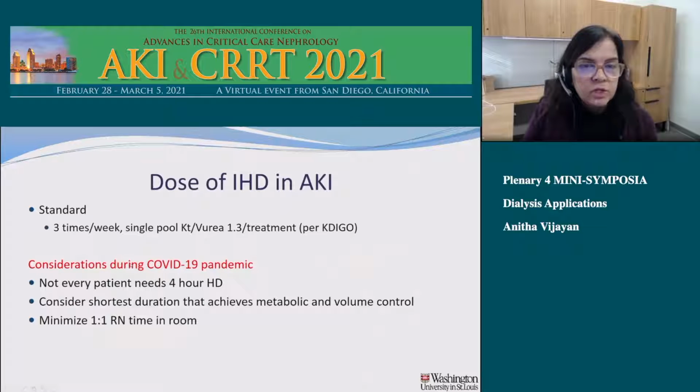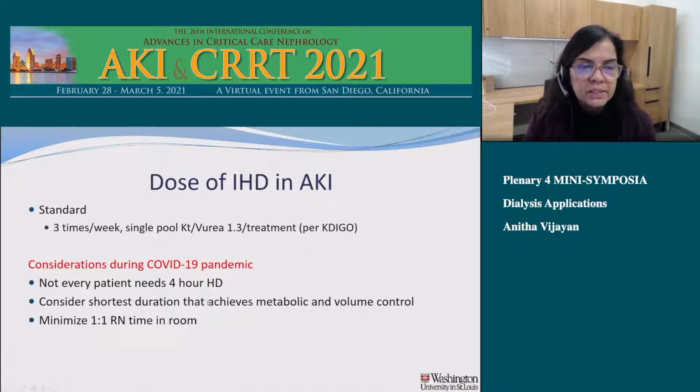Considerations for intermittent hemodialysis in acute kidney injury: not every patient needs a 4-hour intermittent hemodialysis. If your center normally does not track urea kinetics, sometimes every patient might be getting a 4-hour treatment, which they may not need. Consider the shortest duration that achieves metabolic control. Remember, the nurses have to be sitting in the room with the patient in full PPE to provide this dialysis treatment, and the nurses are at higher risk for getting the infection.